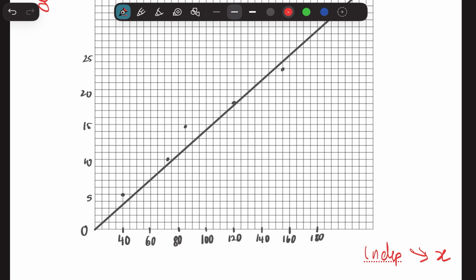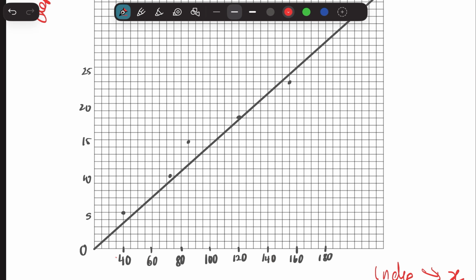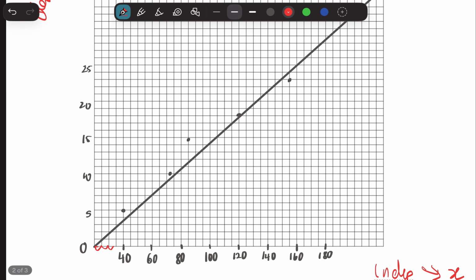Let's look at the scaling. So if we look at this one, do they jump up by the correct amounts? Let's see. Okay, 1, 2, 3, 4. The next one, 1, 2, 3, 4. Good job. This person jumped up by the correct amounts. Now let's look at the actual scale they've made.